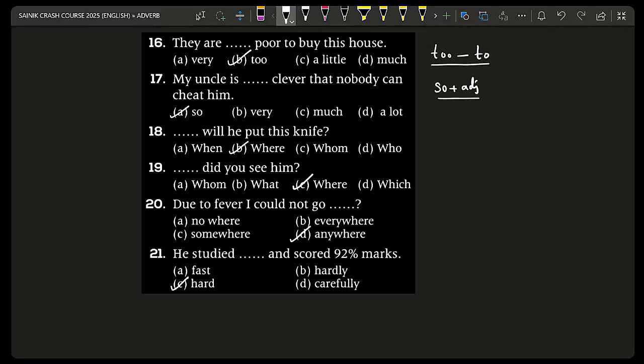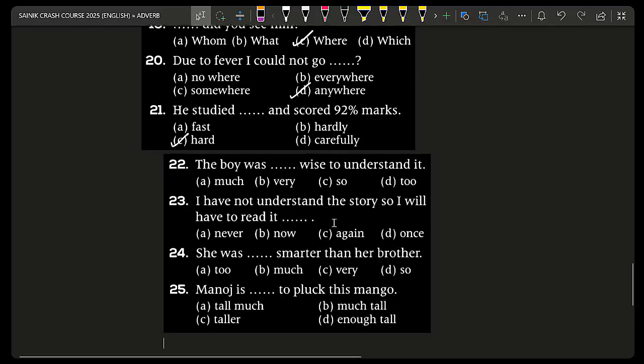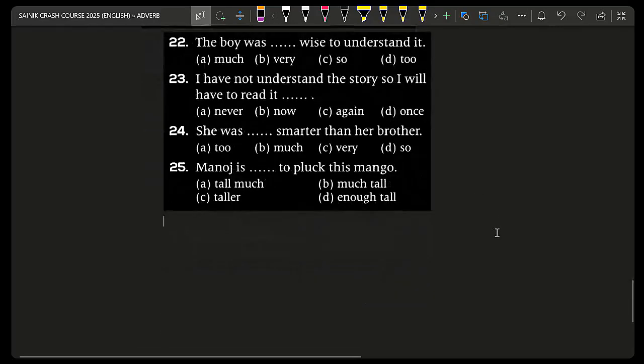And after the 21st question, who will answer the next four questions? 22 onwards. Saharsha, can you answer these questions?